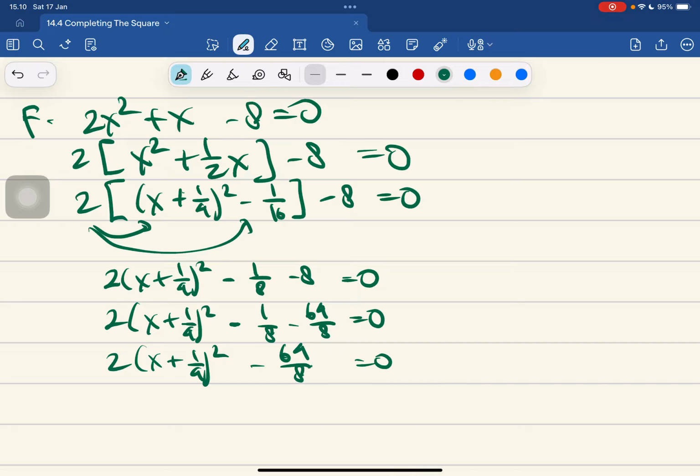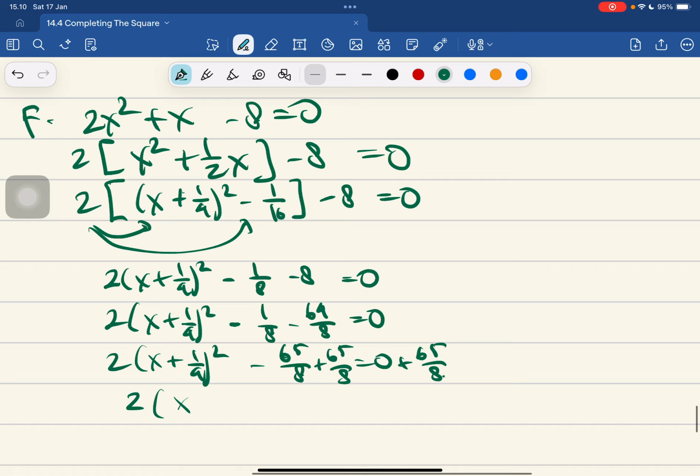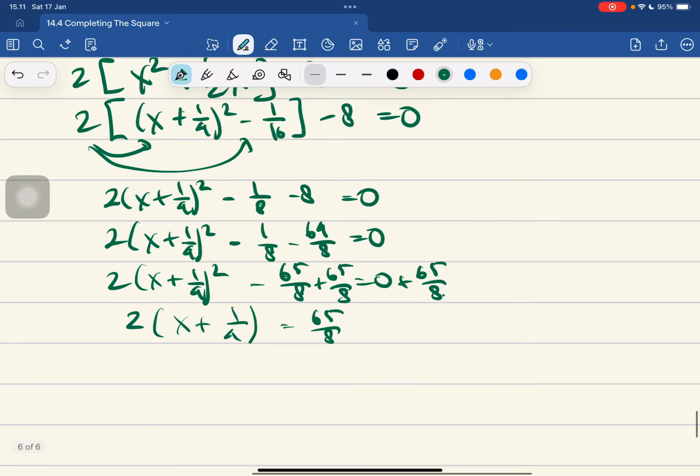We don't want this constant here, so we plus by 65 over 8 on both sides. So continue to 2 times x plus 1 over 4 squared equal to 65 over 8. So here we will divide by 2 on both sides.